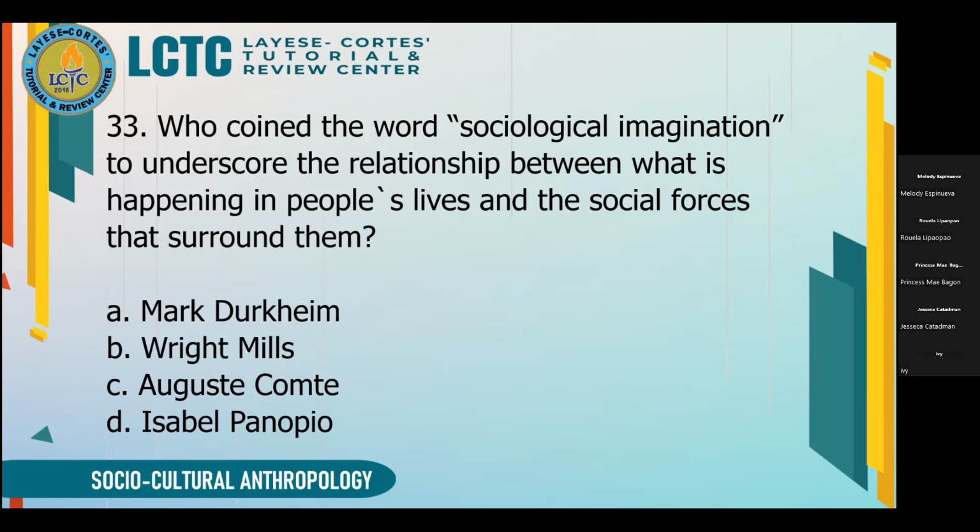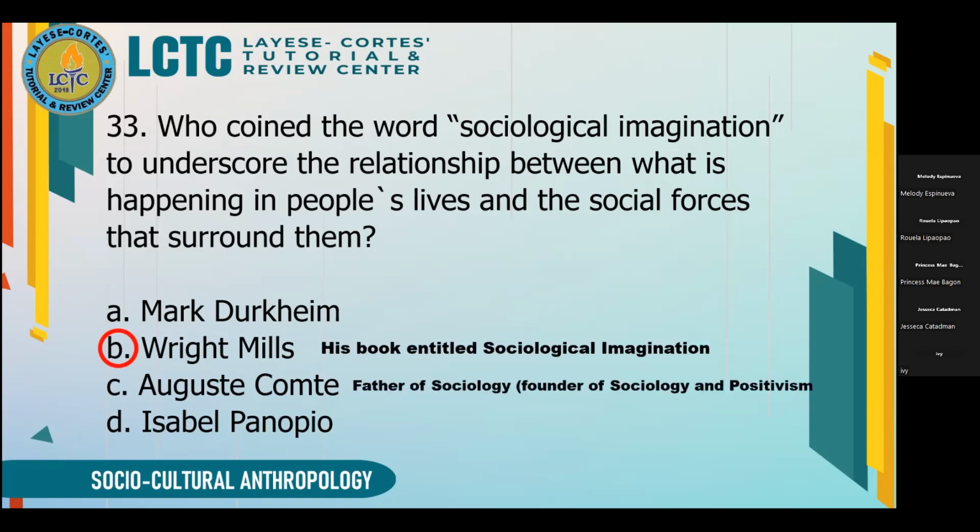Okay. Not Mark Durkheim, that is a combination of Karl Marx and Emile Durkheim. Wright Mills is the one who coined the word sociological imagination because he wrote a book entitled Sociological Imagination.